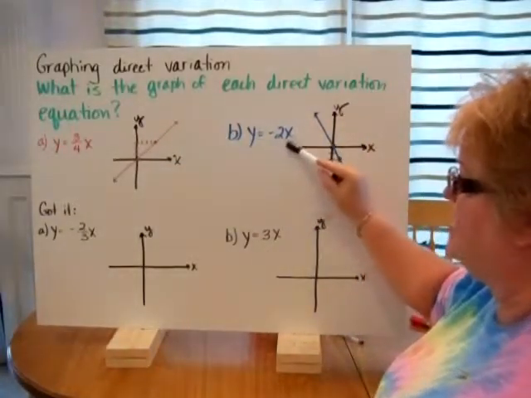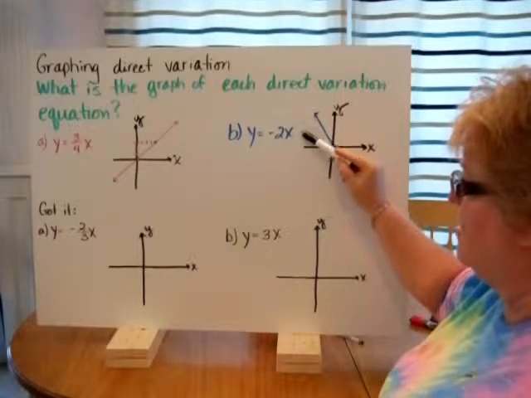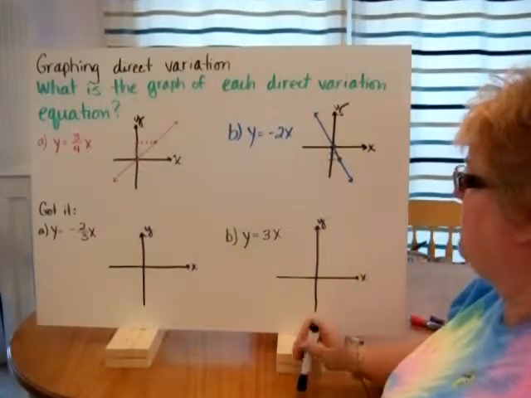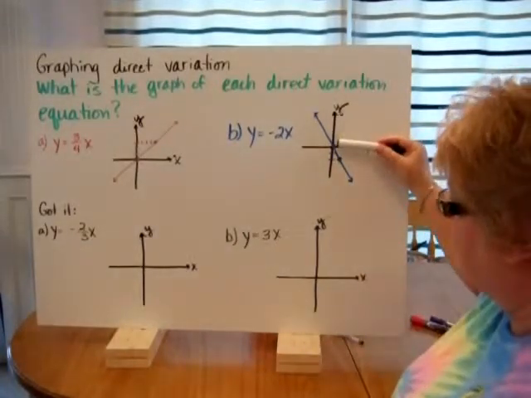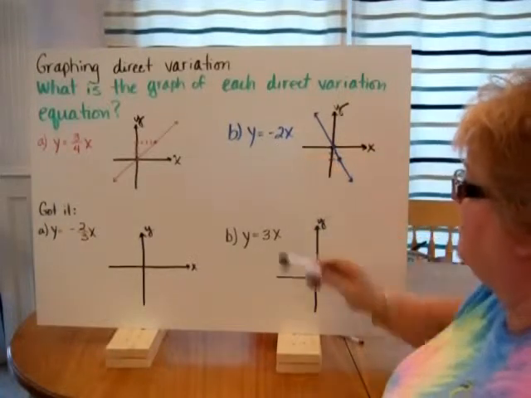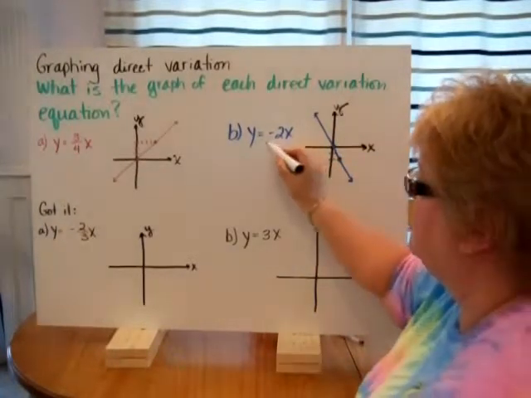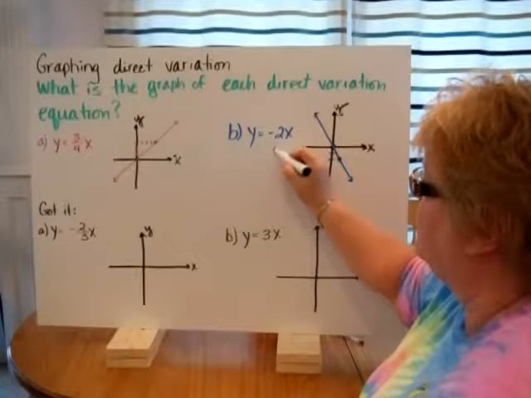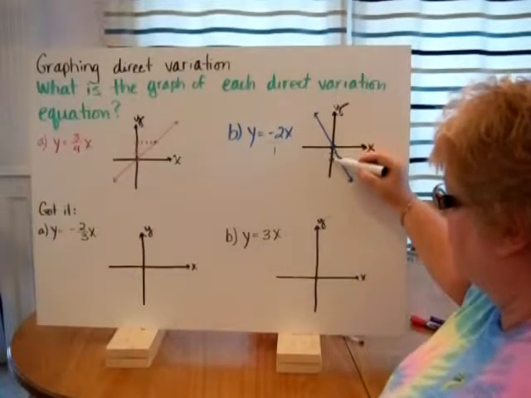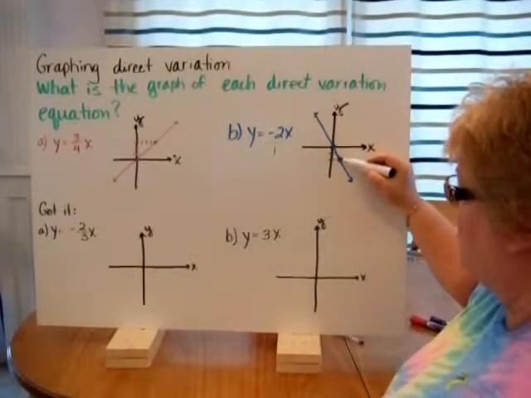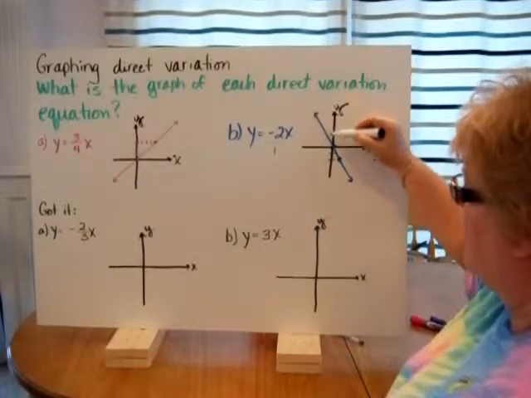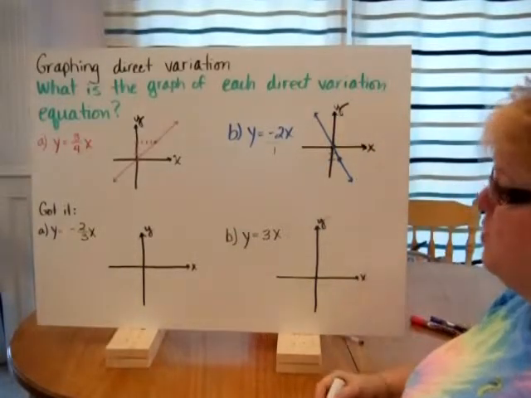In this one, y equals a negative 2x. It always goes through the origin, so we start at the origin. A negative 2 slope, remember that's a negative 2 over 1. So we go down 2, and then we go right 1, put our second point, and then draw the line through the 2 points.